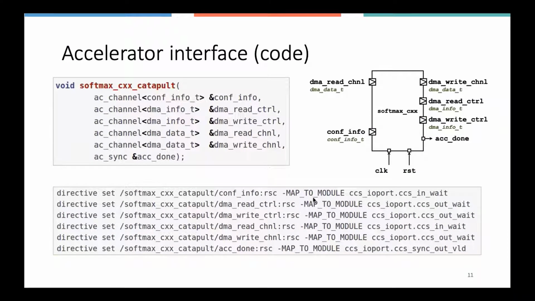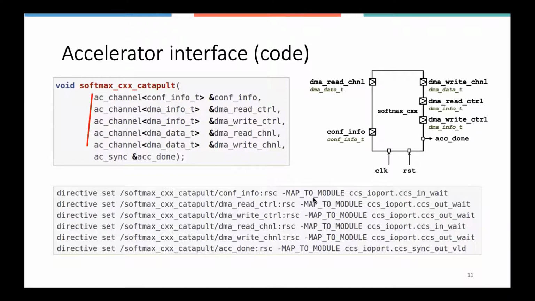Given the previous overview of the interface of an ESP accelerator, we can see here the C++ code for the module interface when we run Catapult HLS. You can see that we are using Mentor ac_channel and ac_sync. The ac_channel is a communication channel that allows the accelerator to transfer data to and from a top module.